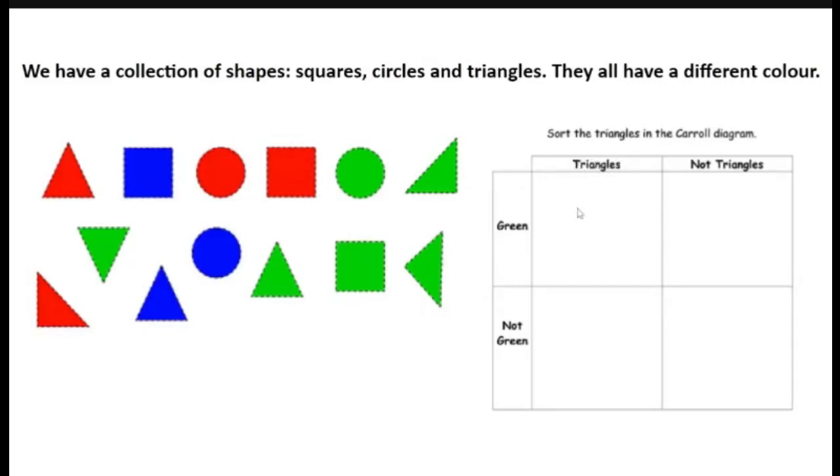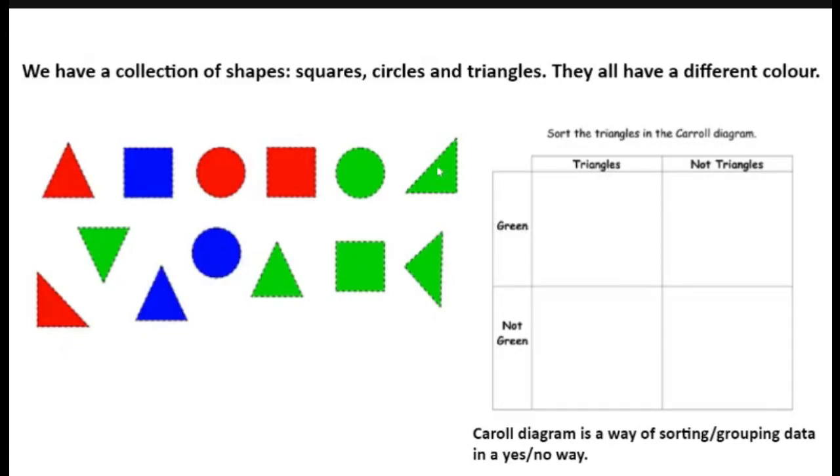So in this square and in this square, we can put only triangles. But in this square, we have triangles that are green. So in this one square, we can only put triangles that are green.